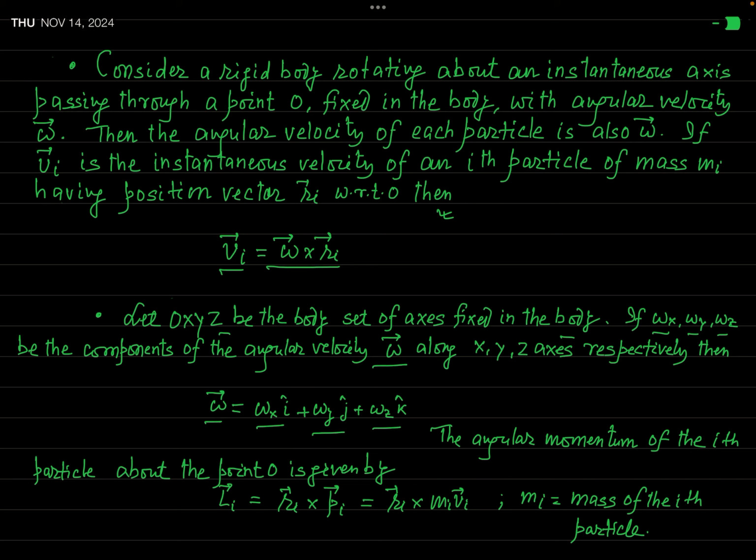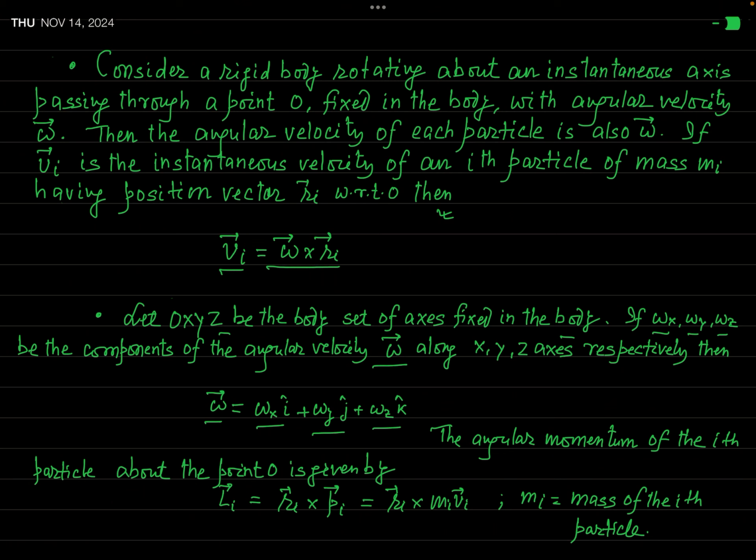You know it. Okay. Now, our aim is to find or define the angular momentum of this rigid body about the fixed point O, which is fixed in the body. But as you know, the body is composed of a large number of discrete particles.